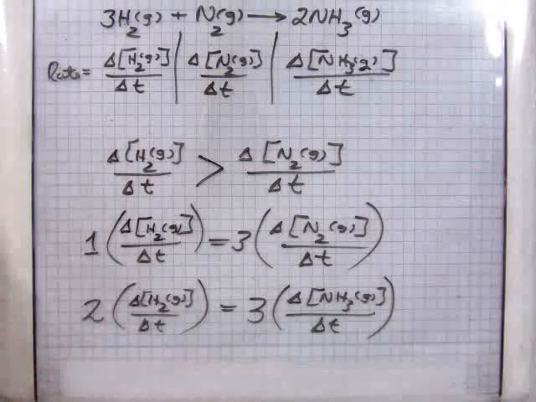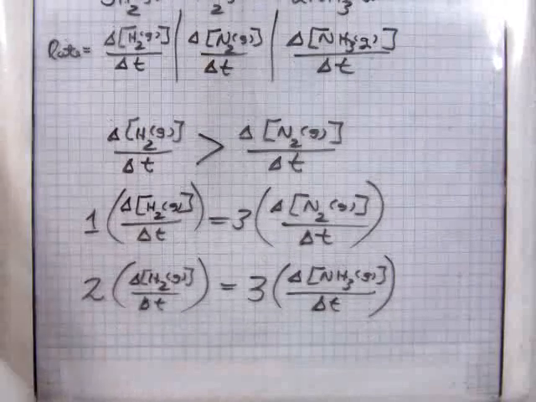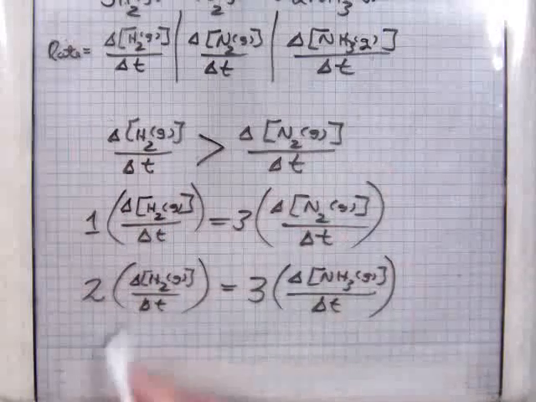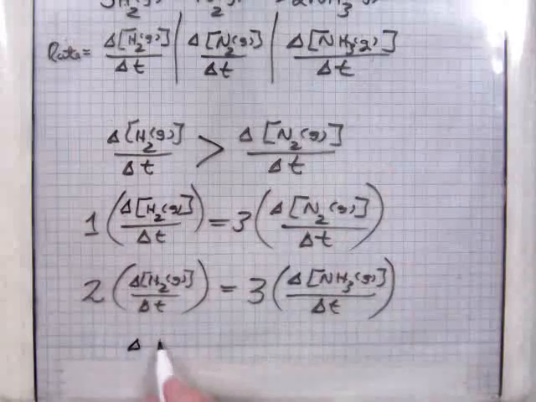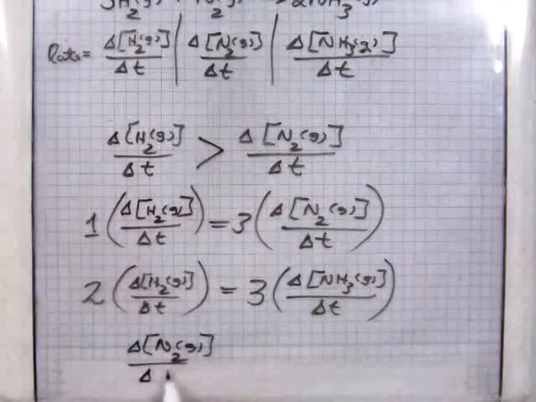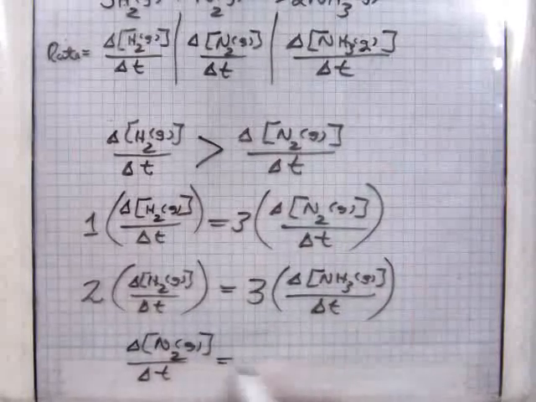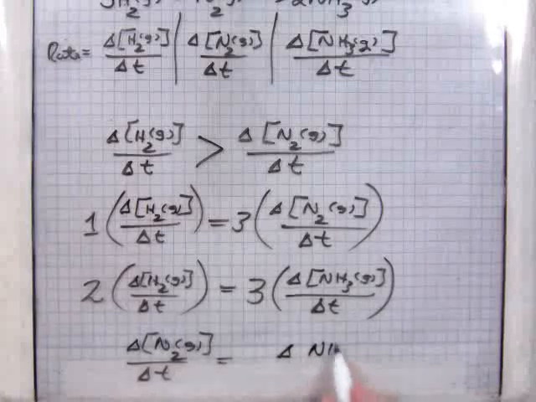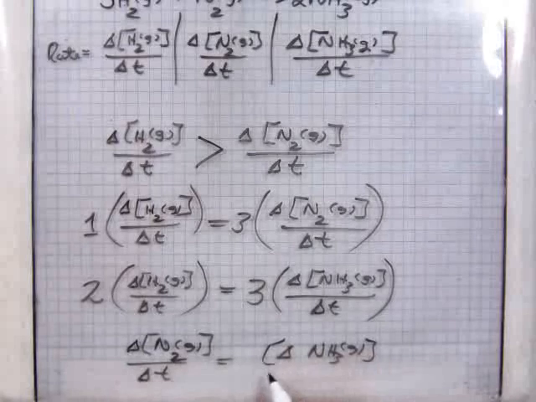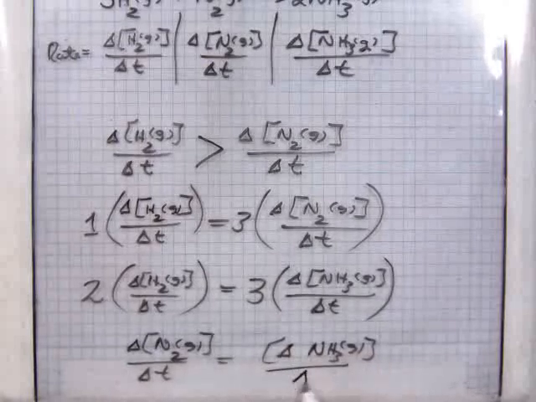So you'd have, let's see if I can get all three of them in here. I would have hydrogen, nitrogen, hydrogen, ammonia, nitrogen, and ammonia. So I'd have change in N2 gas over change in time is equal to change in ammonia gas over change in time.